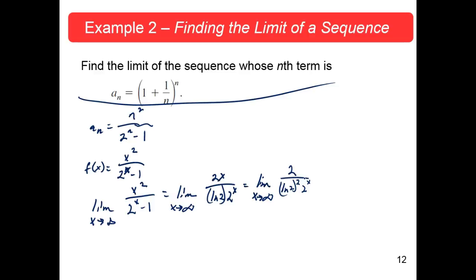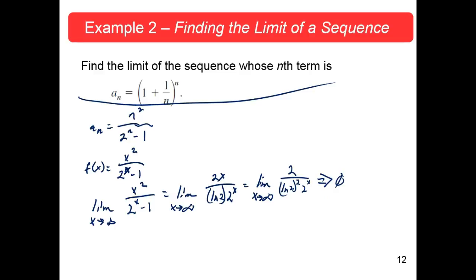But guess what? That limit, as x goes to infinity, is going to 0. So if the numerator is fixed, the denominator is getting very big, very fast. I think I did it right, but let me see. Yeah. Okay. And that is going to 0. So the limit does exist.